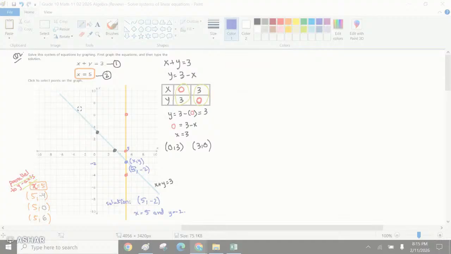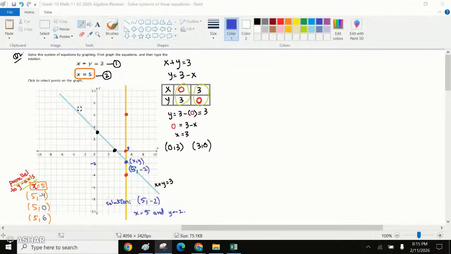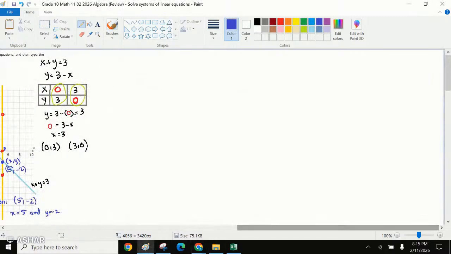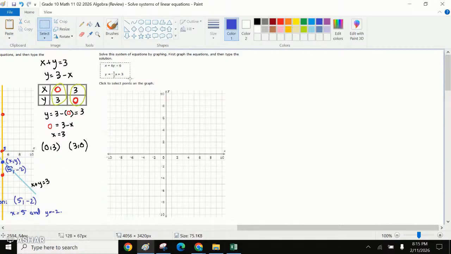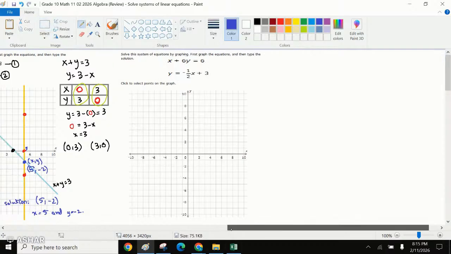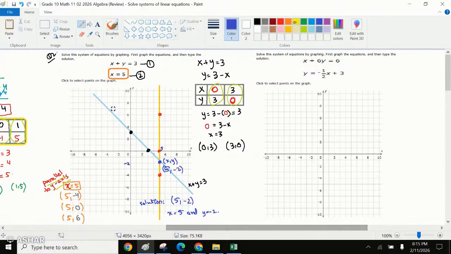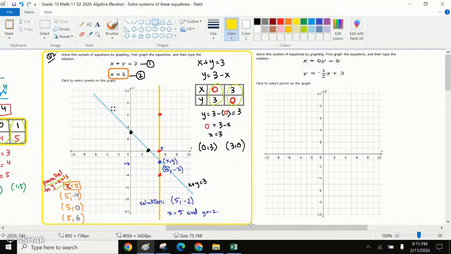For the next question, the two equations that have been given to us are these. These are a bit difficult compared to the previous question. I'll just separate question number 2 so that we do not mix it up.